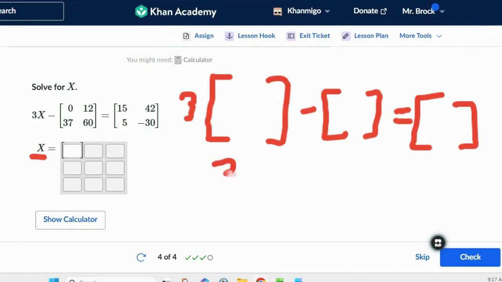Can this be a 3 by 3? That's what they show. Can we do that? Is that legal? How would we subtract this matrix from that? How would we do that?